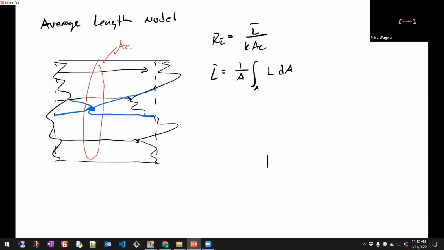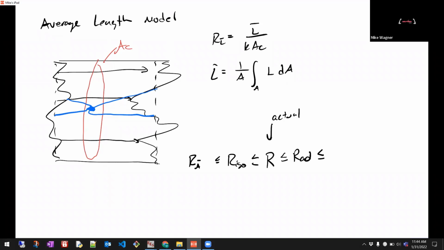So let's kind of put everything in a hierarchy, all right? So we're going to say our actual R is here. And we're going to sort out what the resistances are for the four other models we talked about. The actual resistance is going to be between the isothermal and the adiabatic. Adiabatic is always higher than the actual resistance, and isothermal is always lower. Now the average area model is down here.